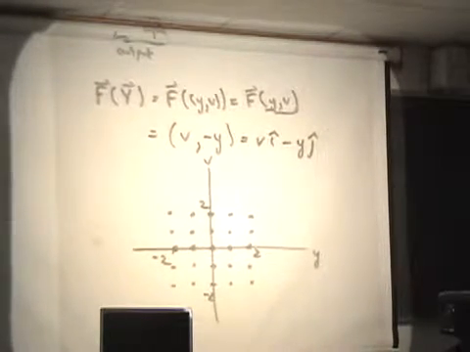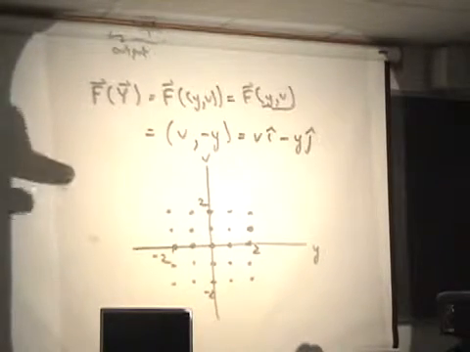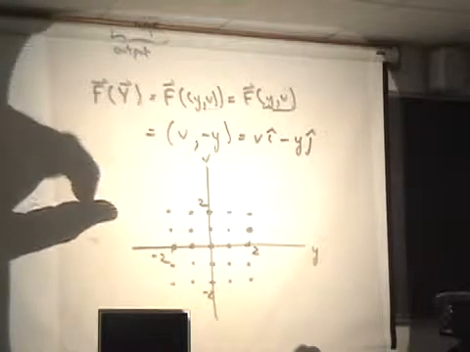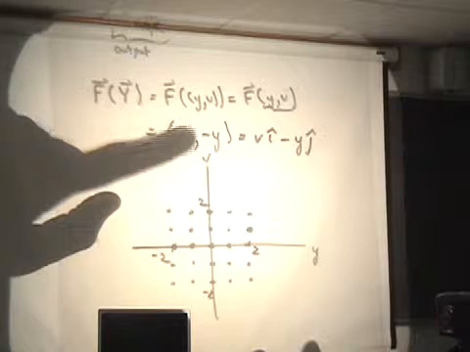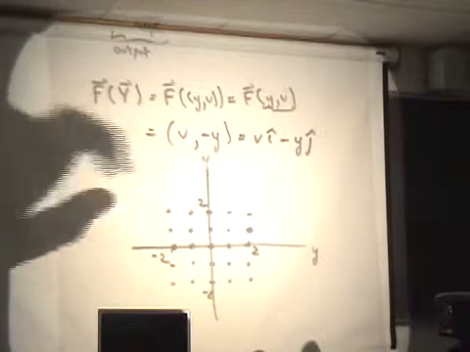Let's take as an example this point right here. y equals 2, v equals 1. If y equals 2 and v equals 1, then my output vector has first component 1 and second component -2.